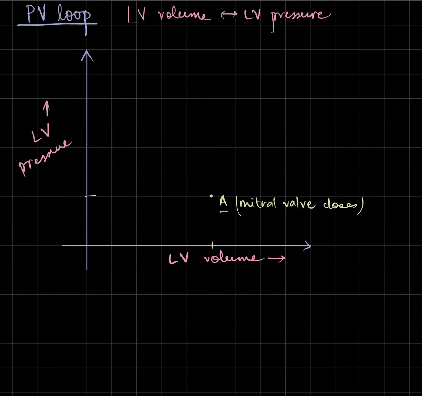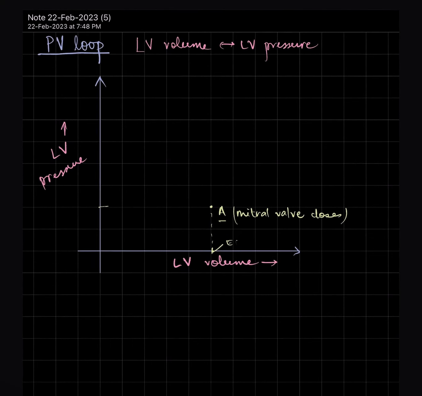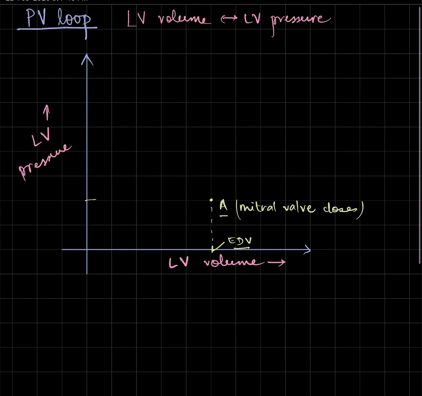So the diastole has ended and the corresponding volume can be labeled as end diastolic volume. The volume at point A is end diastolic volume. And while we're at it, since the mitral valve is closing at point A, we are getting the S1 heart sound at point A.